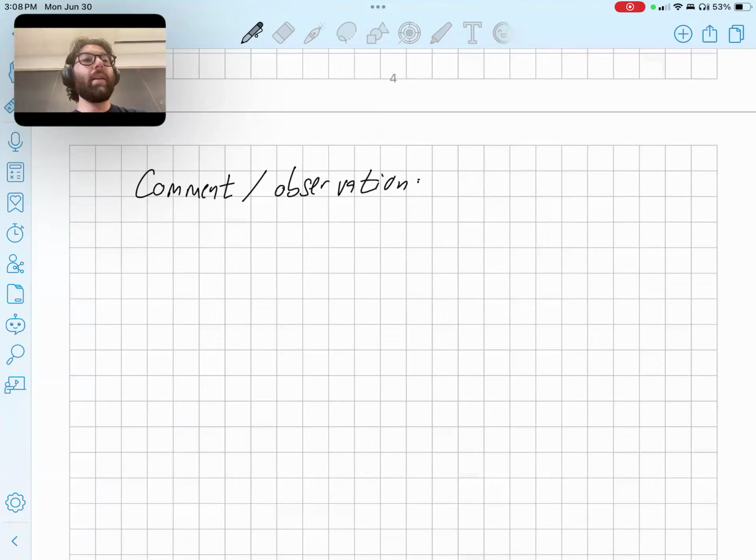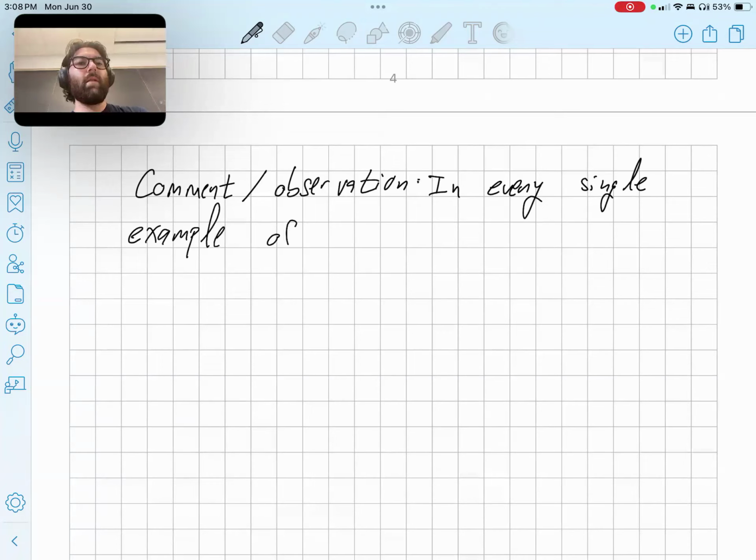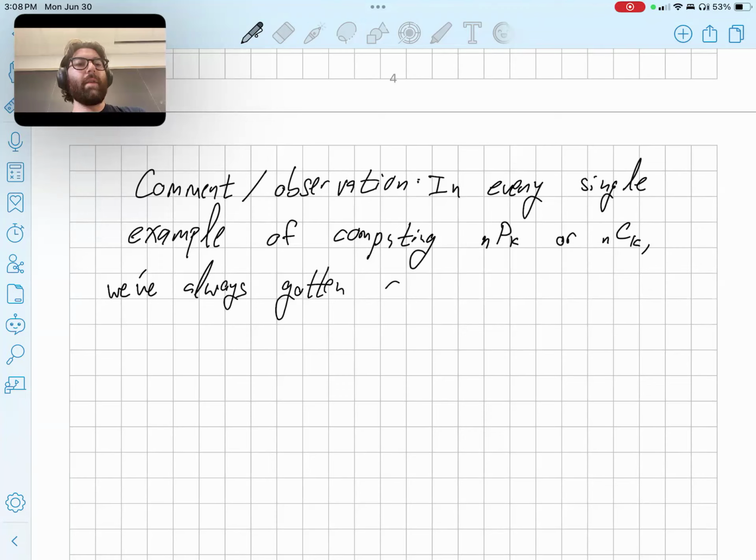So in every single example of computing n permute k or n choose k, we've always gotten a whole number, right?